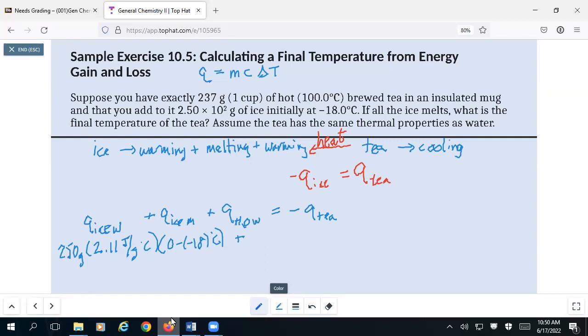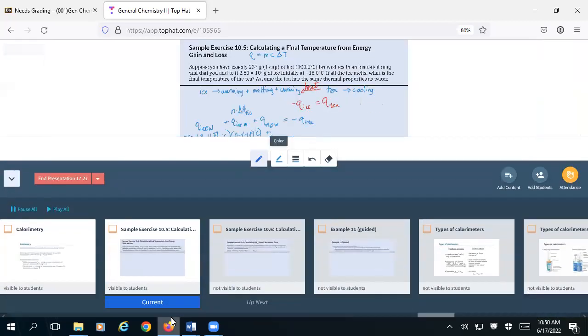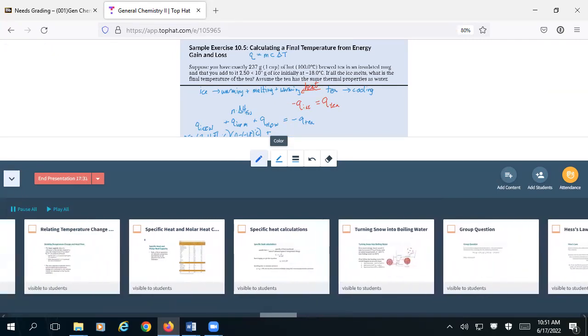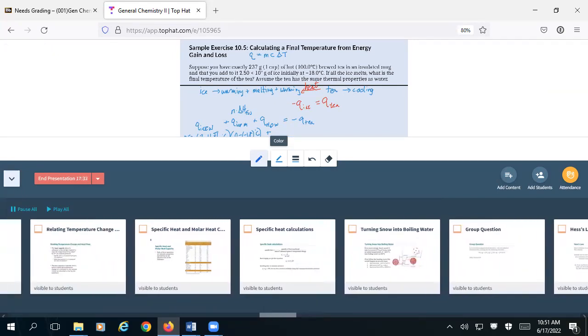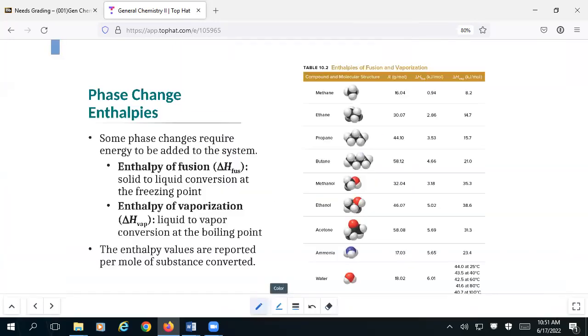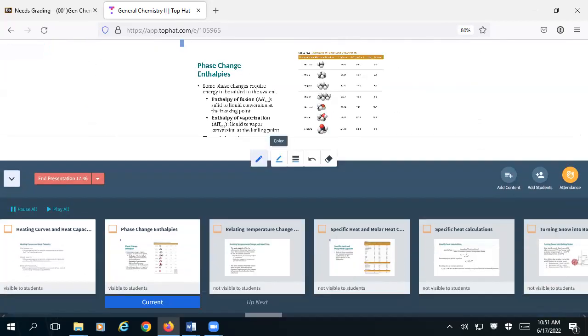For the ice melting, remember that one is n times delta H of fusion. So we gotta again go back. And the molar heat of fusion is 6.01 kilojoules per mole.